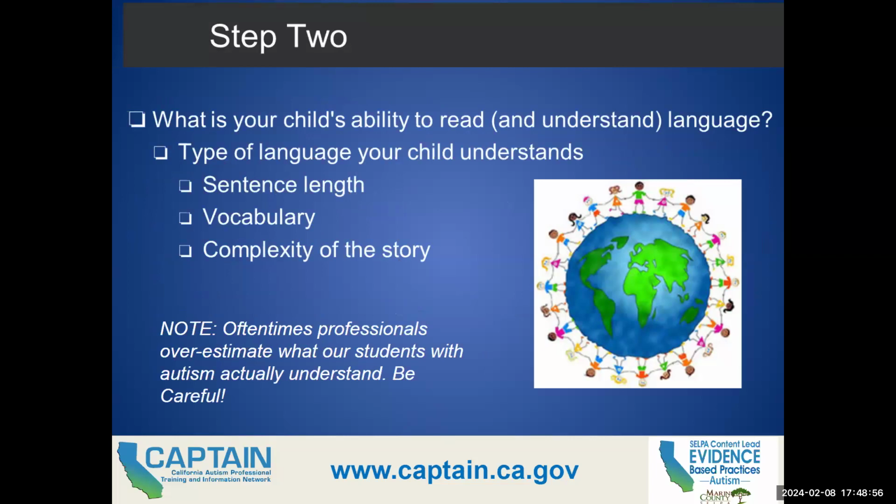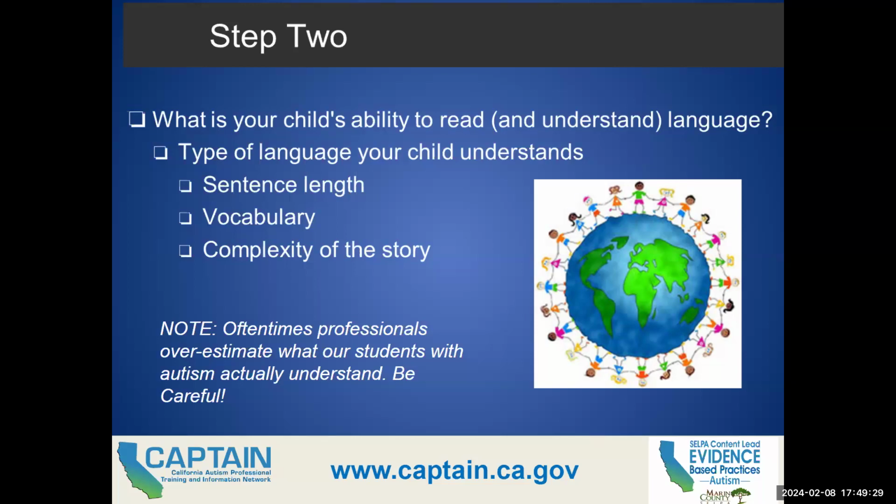I would say that the 2 biggest mistakes that are made are often not just overestimating what our students can understand, but actually underestimating. If you make the social story too babyish for the child, you're going to turn them off from reading it. So you want to find that sweet spot where you have the photos and or the images, or maybe no photos, no images, depending on the student.